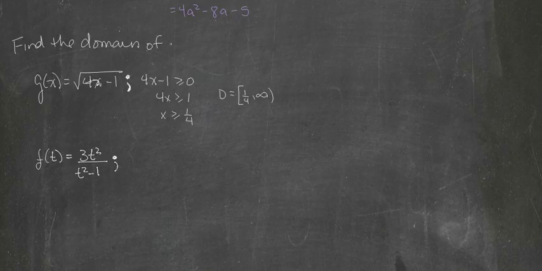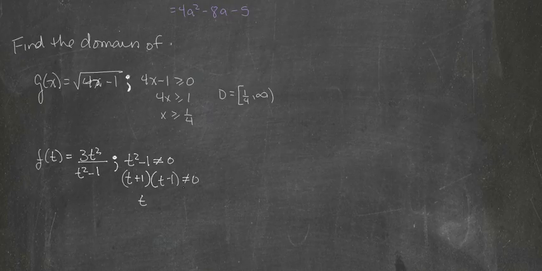So Mayday, we need t squared minus 1 not to equal 0. We need the whole denominator to not equal 0. So let's look for the t values that are excluded from the domain. So t plus 1 times t minus 1 does not equal 0.